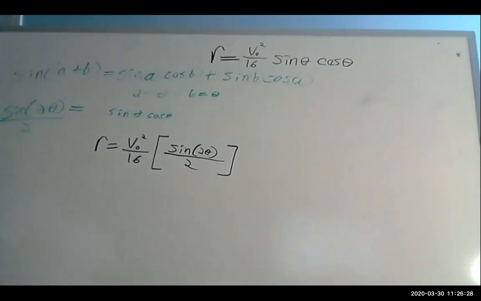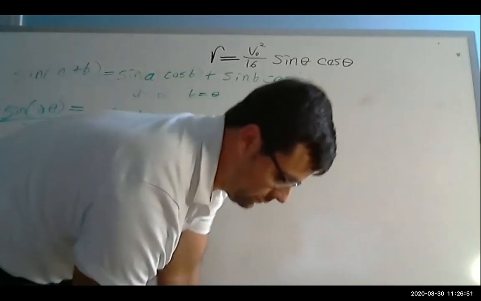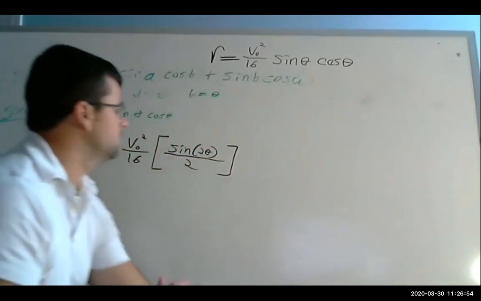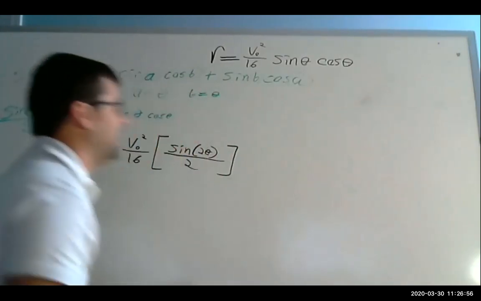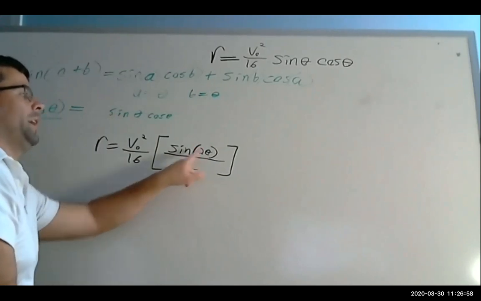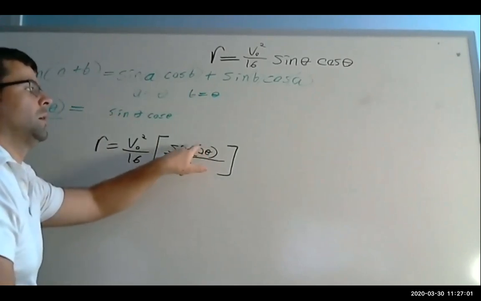And is there a way that we can simplify this a little bit? Like combine it into one fraction, maybe? Would it just be sine theta? No. No, you can't go into the function.